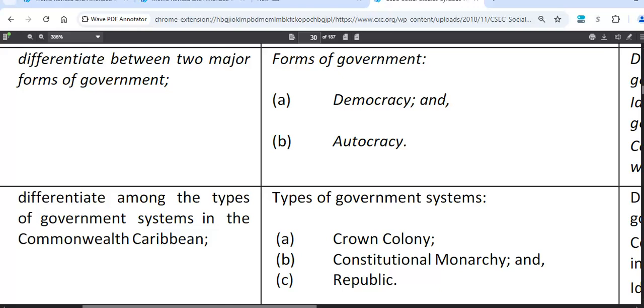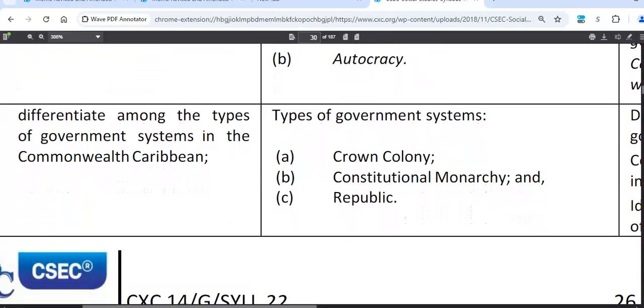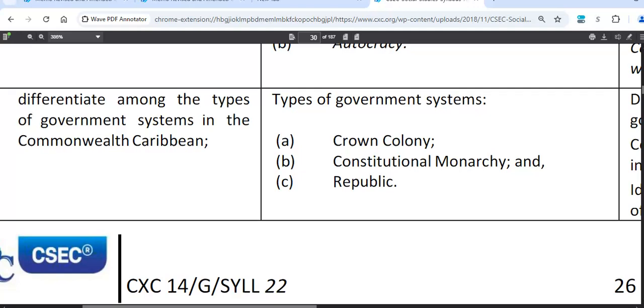Now, differentiate among the types of government systems in the Commonwealth Caribbean. There are three types of government systems. We have Crown Colony, Constitutional Monarchy, and the Republic type of government system.